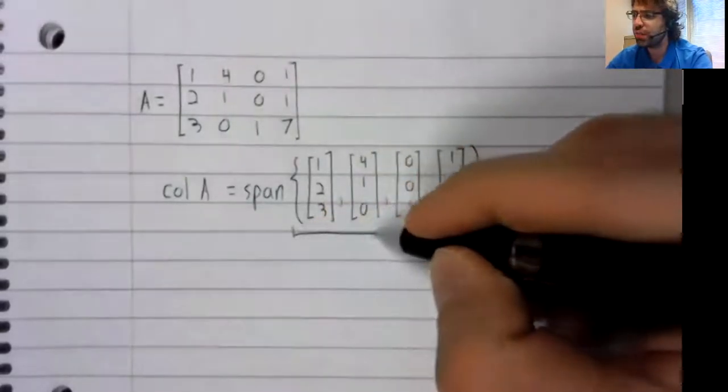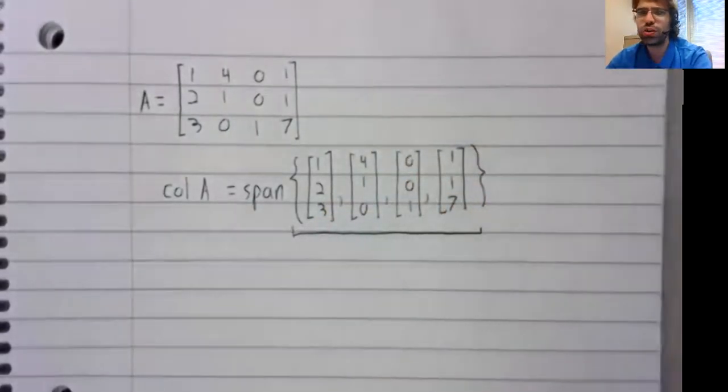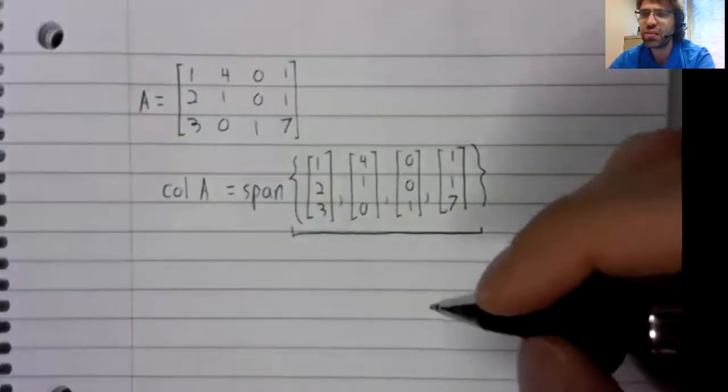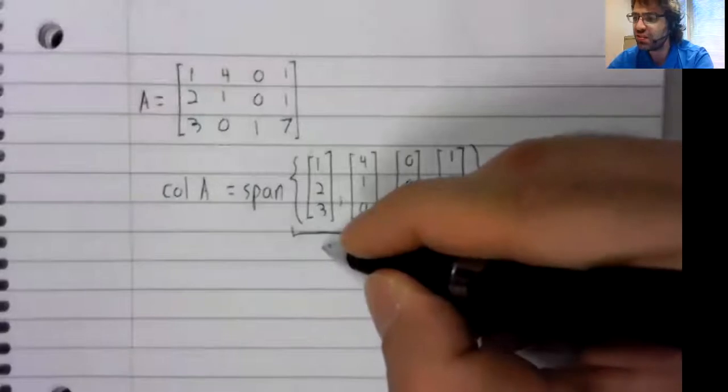Unfortunately, there's no reason these columns should be linearly independent. So there's no reason to assume that this is a basis.